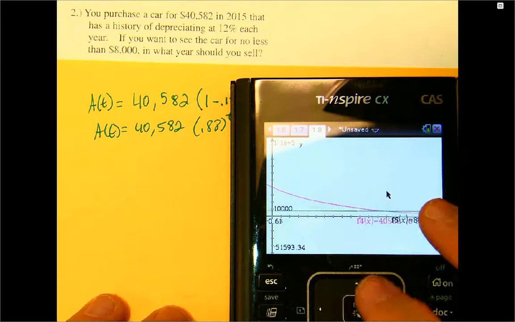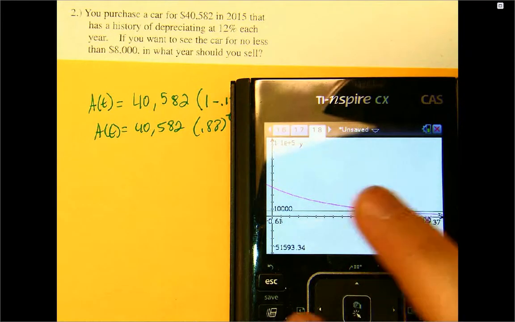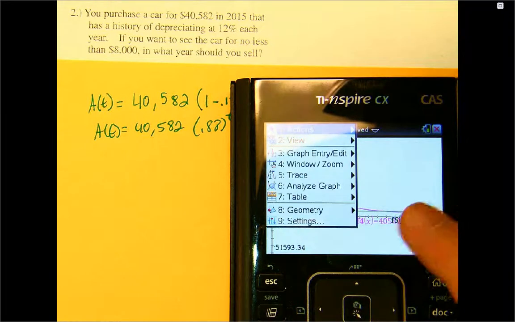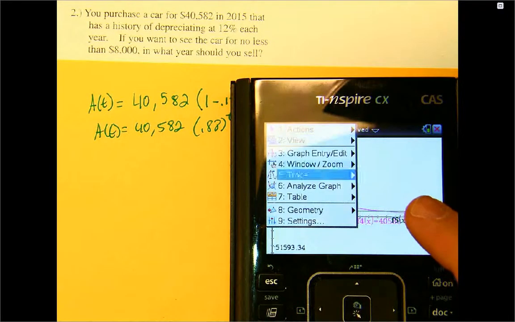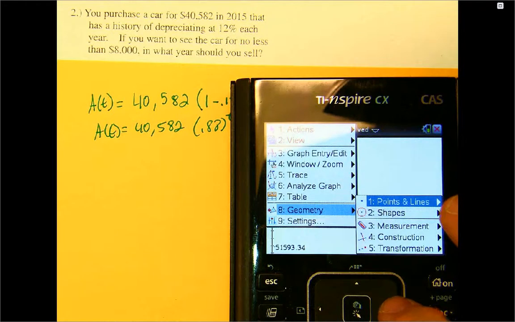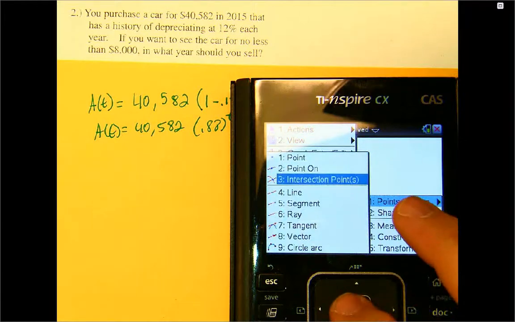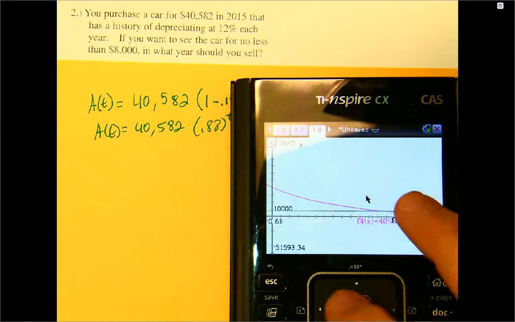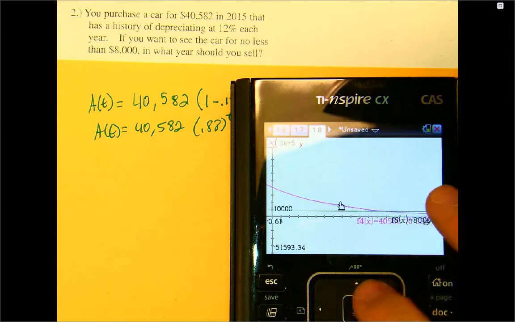The graph function has a really cool way of doing this. You go to Actions, and you might not have geometry, you might have geometry. But either way, you got to get the points and lines. Go to points and lines, go to intersection points. And then it says, what two graphs am I dealing with? I'm dealing with that graph.